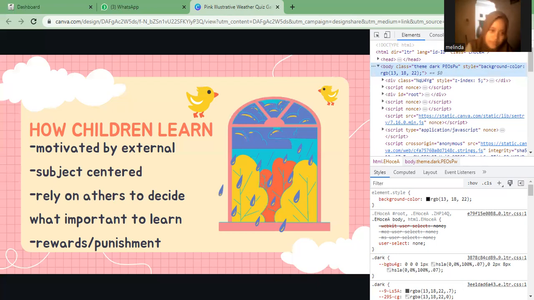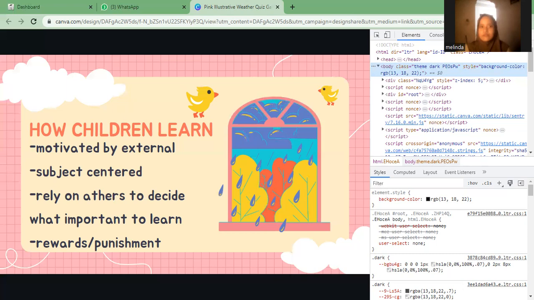And then subject centered. For example, when we teach the learners about animals, they only focus on the animal, such as cow, cat, and so on. They do not study how the cat sounds or how the chicken sounds.